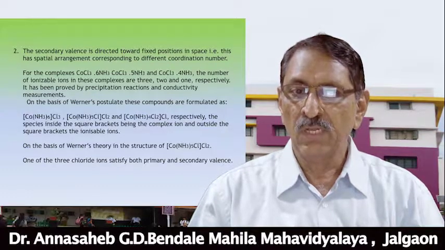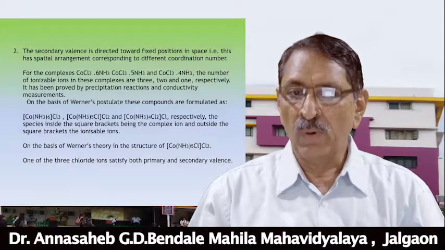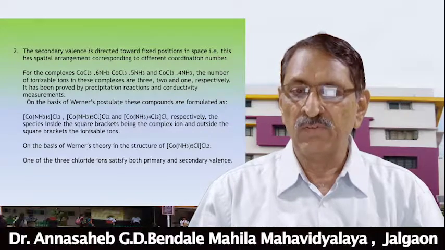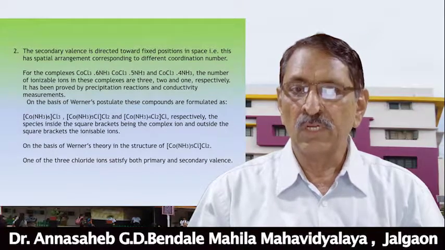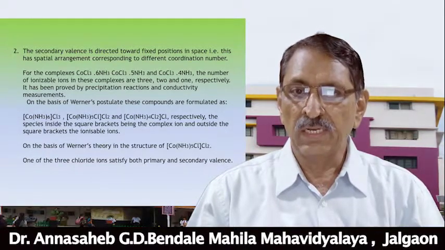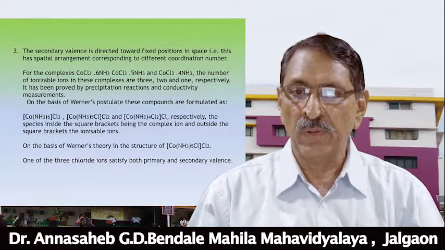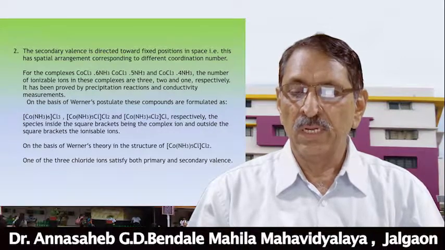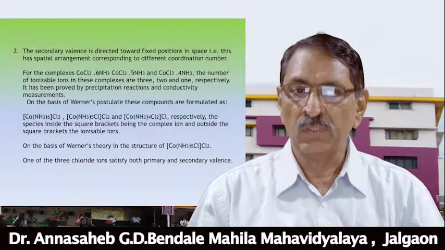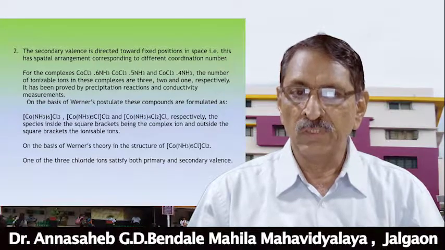In the second compound, the cobalt ion, 5 ammonia molecules and one chloride ion are placed in the square bracket, while outside there are 2 chloride ions. In the third compound, 4 ammine molecules, 2 chloride ions and the cobalt ion are placed in the square bracket, and only 1 chloride ion is outside. Therefore, we obtain precipitates of weight 3, 2 and 1 gram respectively, the species inside the square bracket being the complex ion and those outside being the ionizable ions.